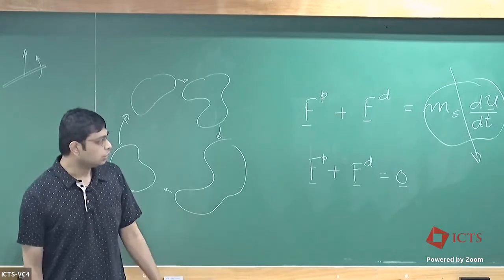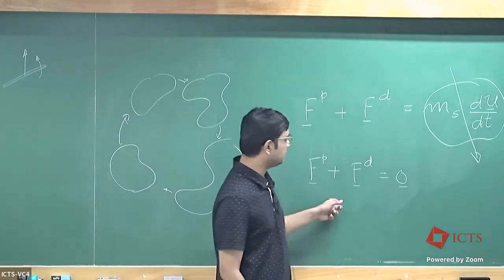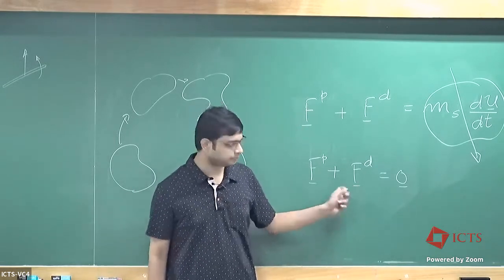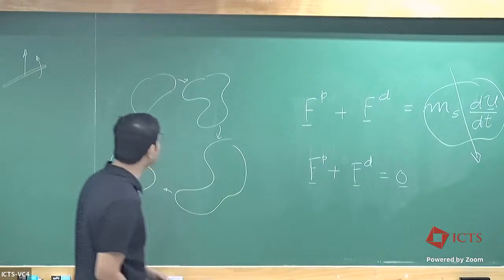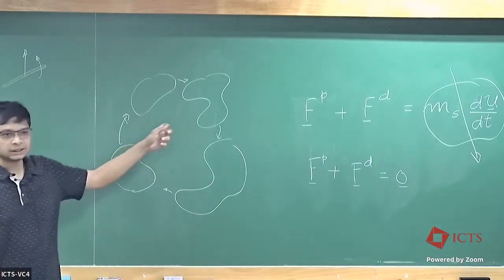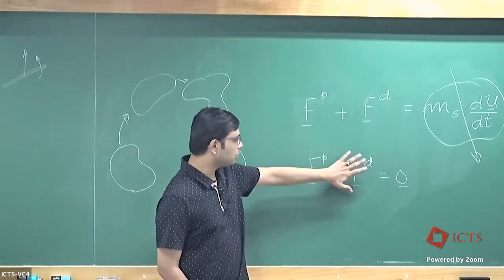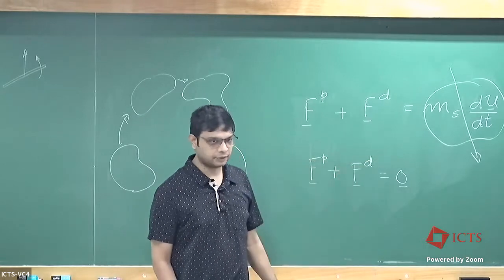The key difference here is that the net force on the swimming object is always 0. And now just to point out that these are distributed objects, right? I wrote this as a decomposition of propulsive forces and drag forces.